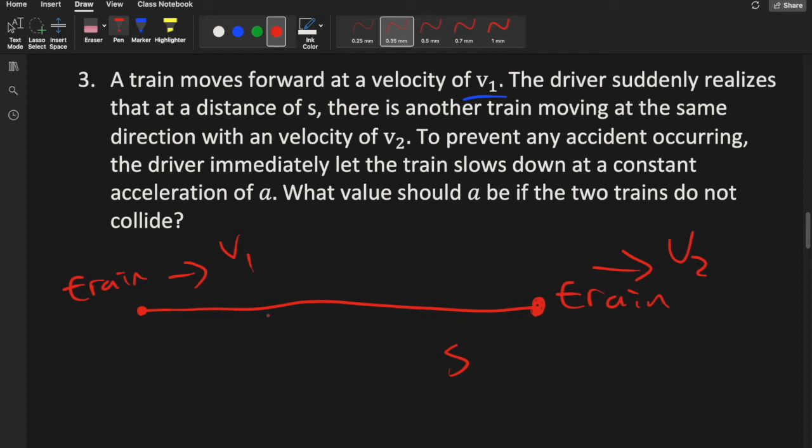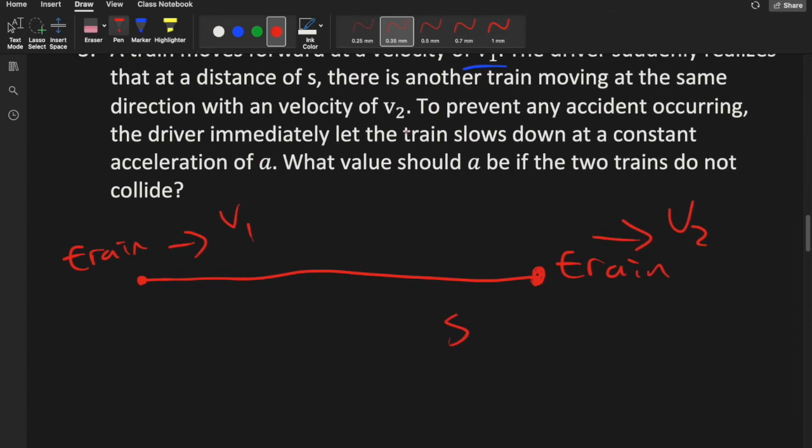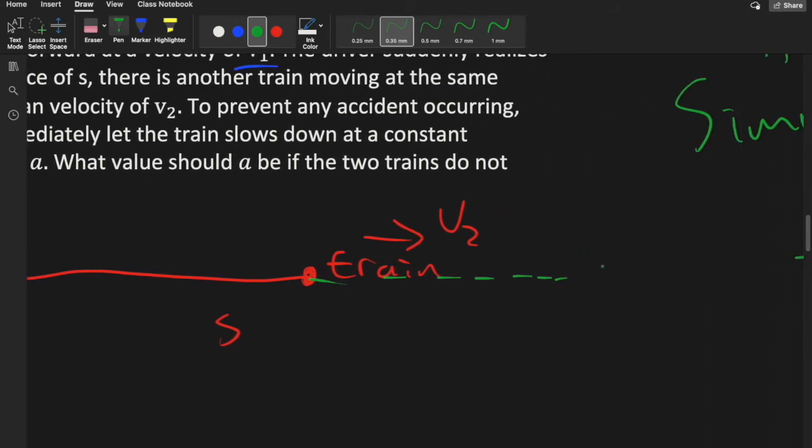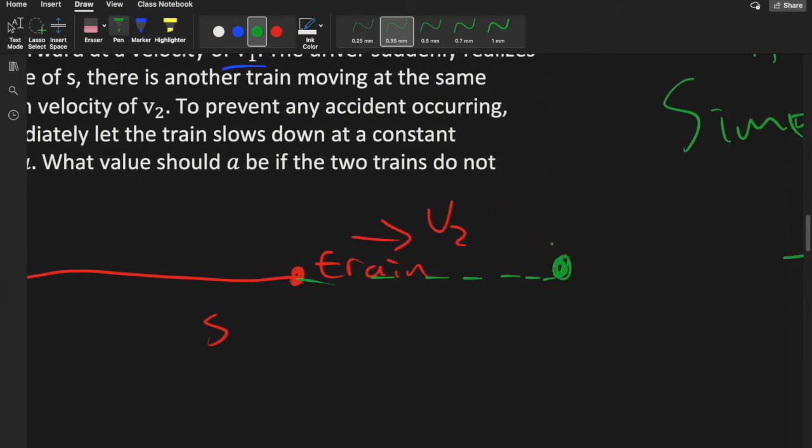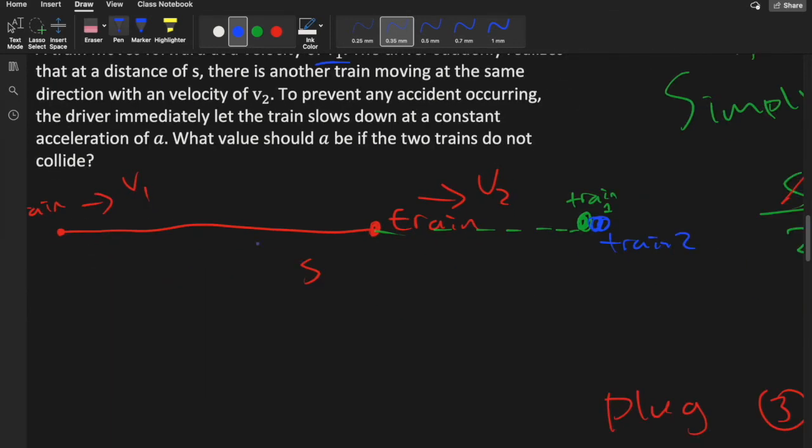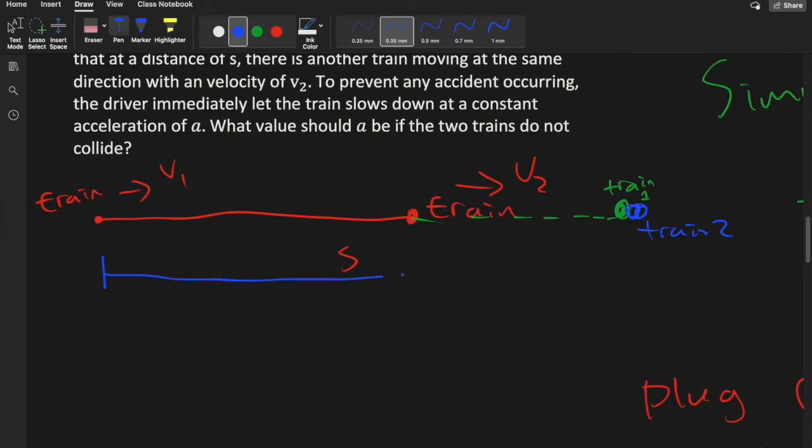Well, if those two trains collide with each other, this train here will still keep moving, right? If they collide, here's going to be train 1 and train 2 as well. So train 1 will travel a distance of s plus another extra distance x.